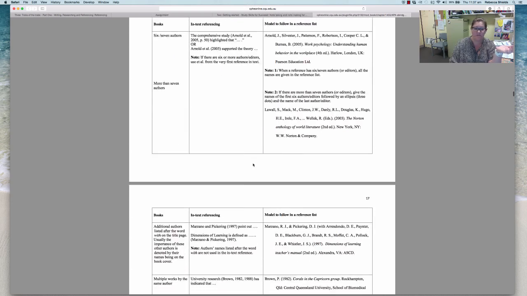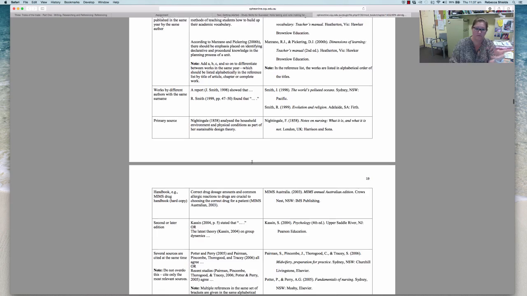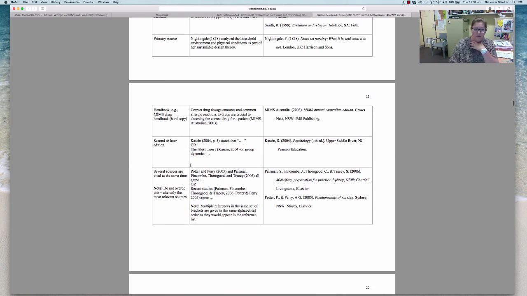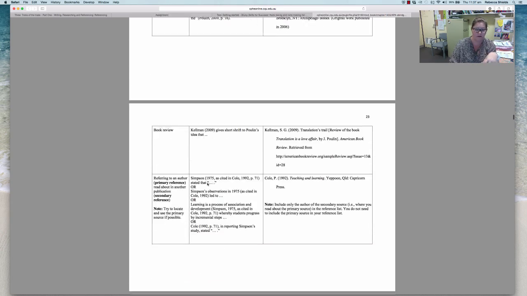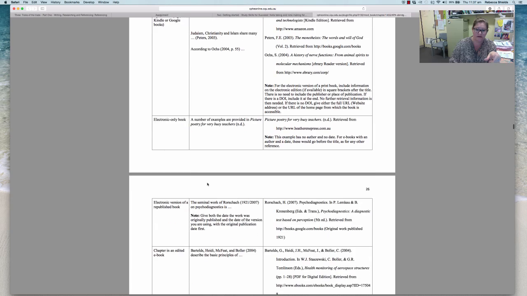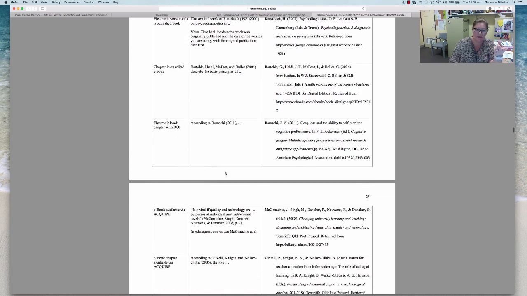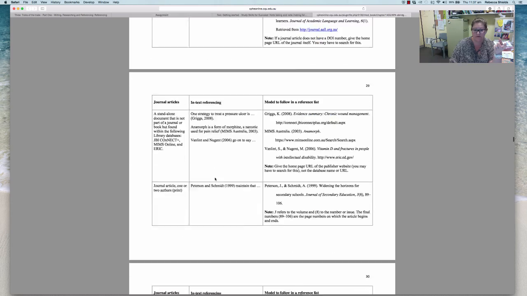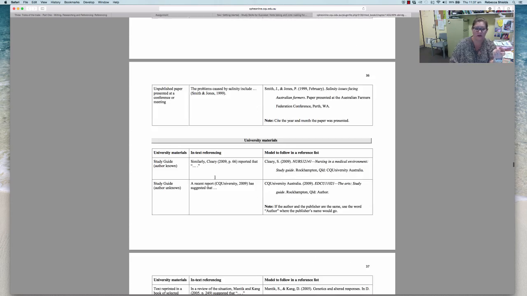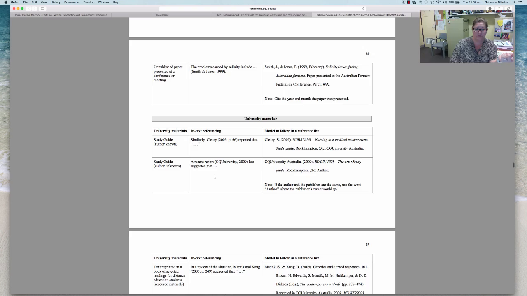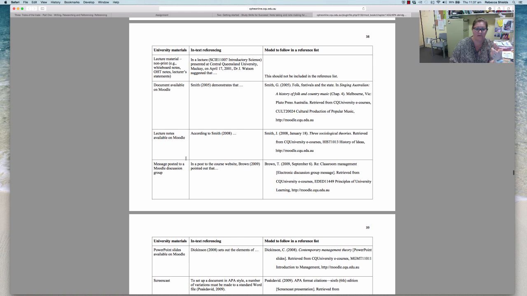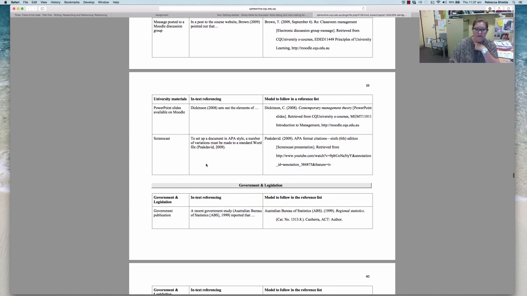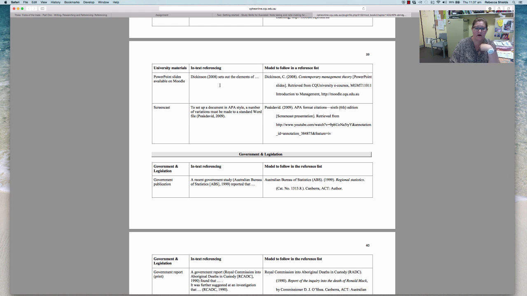And it shows you for books with more than one author, multiple authors, multiple works, primary source, secondary source, all sorts of different sources of information, volumes in other volumes of work, books that are electronic only, edited ebooks, like it keeps going through. Then it goes to journal articles, YouTube clips, study guides, lecture notes, documents available on Moodle, PowerPoint slides. If there was something in a PowerPoint slide that I had given you, you could reference that.